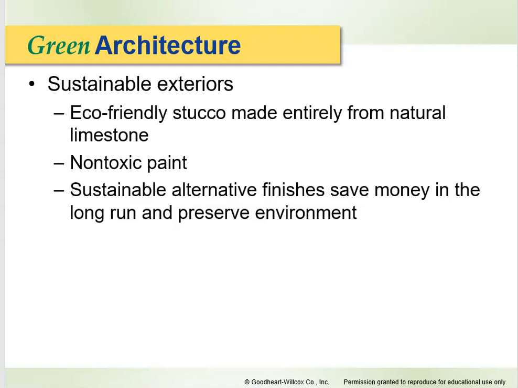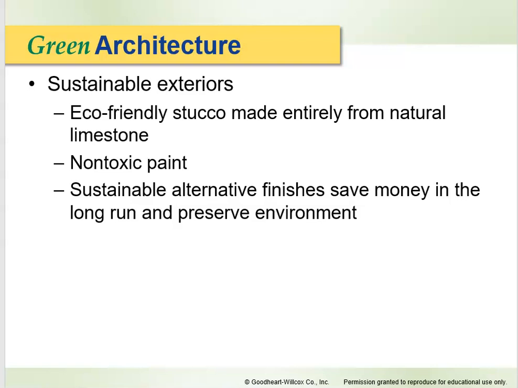I use fly ash for my trim, or AZEK, and it is a fine byproduct of coal burning plants, and it falls to the bottom, and they collect it, and they've created this fly ash, a composite material that is rot resistant and water resistant.